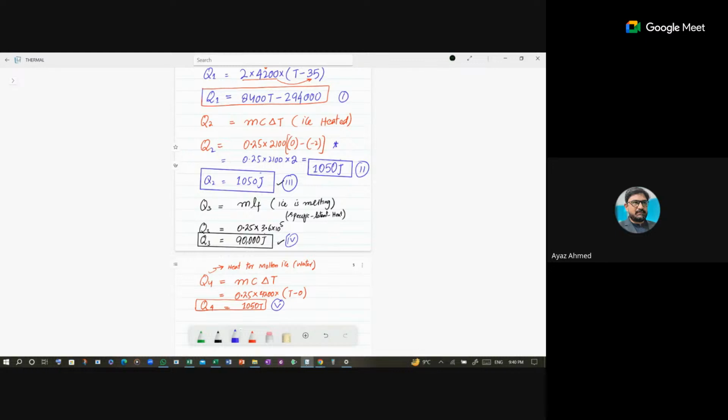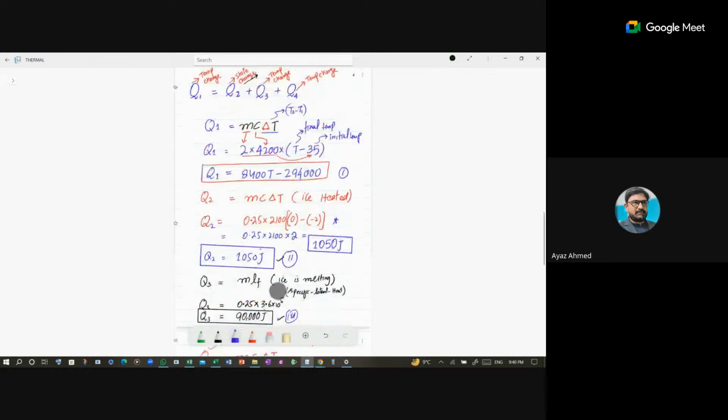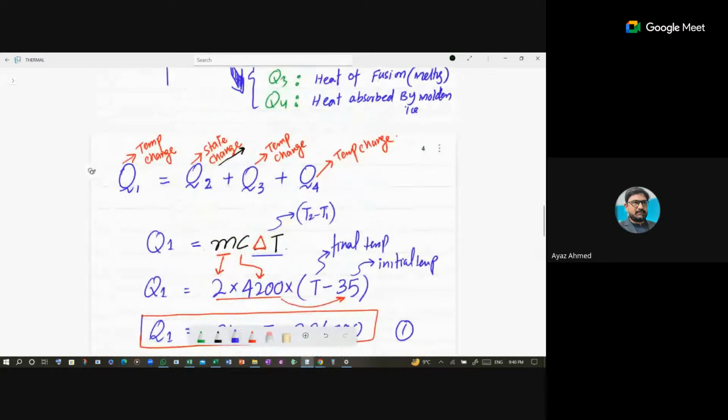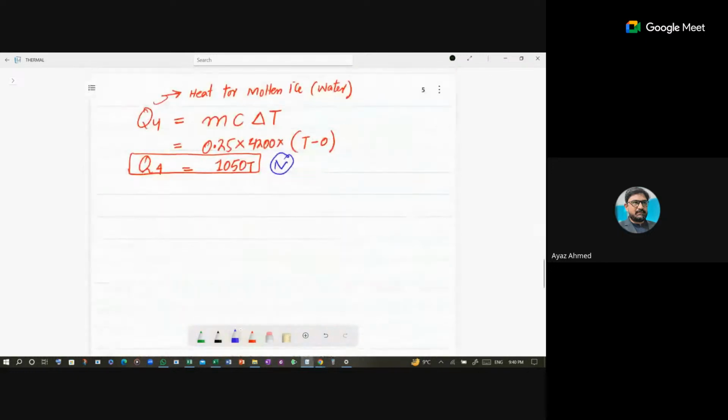I have Q2. It is the same. It is equation number two, and then it is three, and then it is four. Okay, so what I use is the master equation. Q1 is the sum of all the other Q's. तो मैं लिख देता हूँ कि again I'm going to write it. Q1 is equal to Q2 plus Q3 plus Q4.